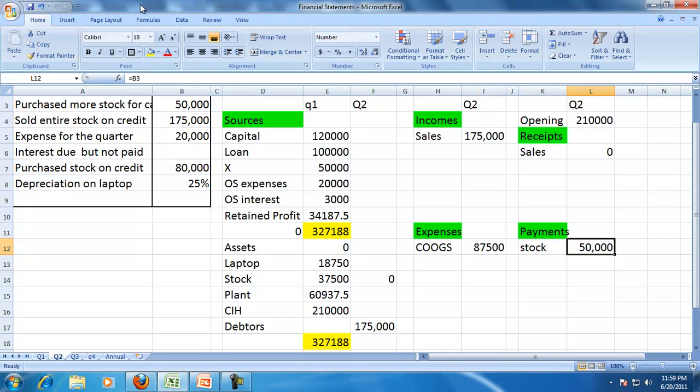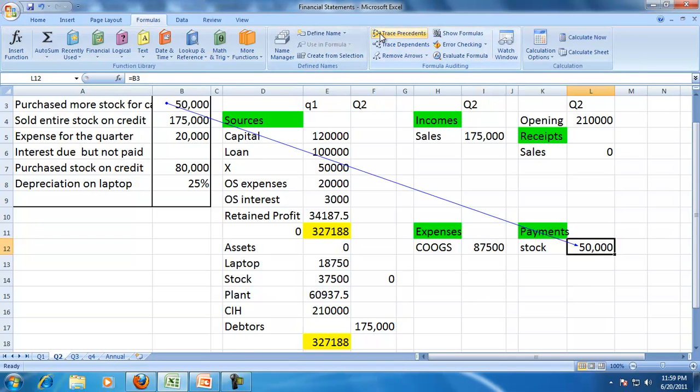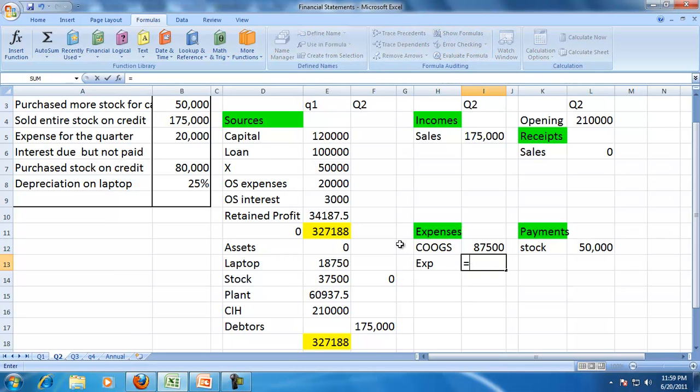Let me see whether we are doing it right. Yes. And expenses for the quarter is 20,000, but you did not pay that. So outstanding expenses will increase by 20,000 and, as you did not pay, it will become 40,000.